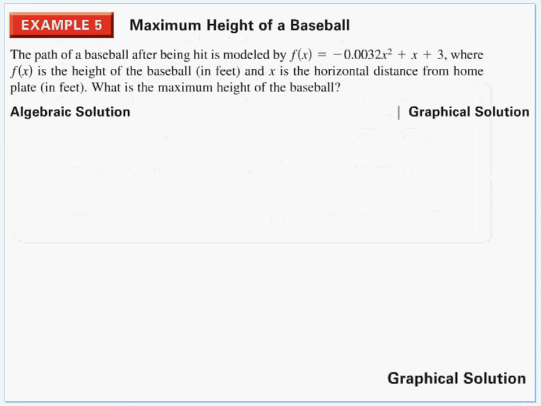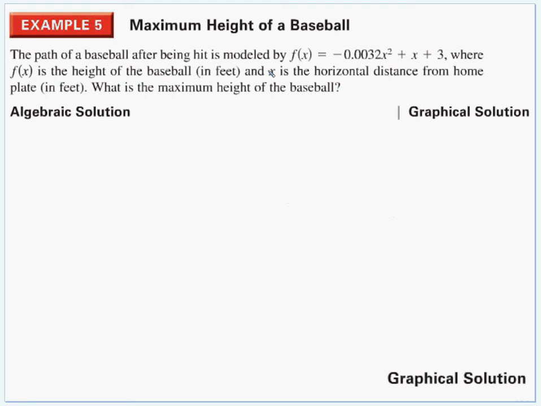It's about hitting a baseball up in the air. The path of a baseball after being hit is modeled by this function, negative 0.0032x squared. So it's negative and it's x squared, so it is a parabola opening down, plus x plus 3, where f of x is the height of the baseball in feet, and x is how far the distance is from home plate.